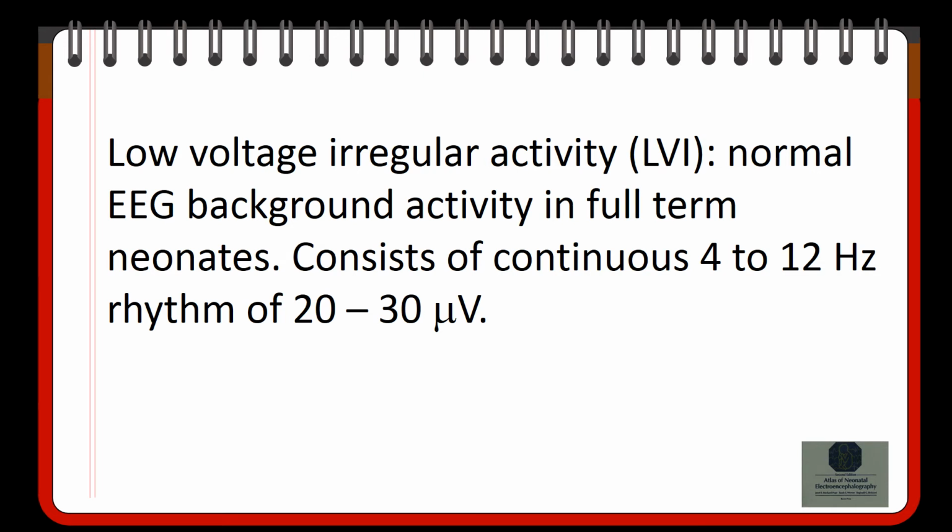Another EEG pattern in the newborn is low voltage irregular activity. This activity is defined as a normal EEG pattern that occurs in full-term neonates. It consists of continuous 4 to 12 Hz rhythmic activity with an amplitude of 20 to 30 microvolts.